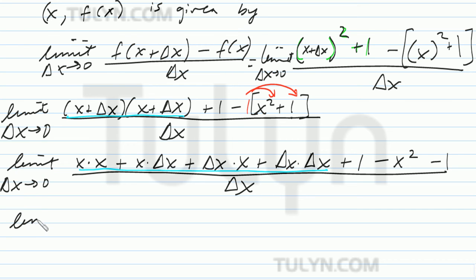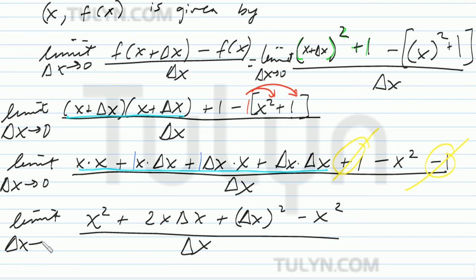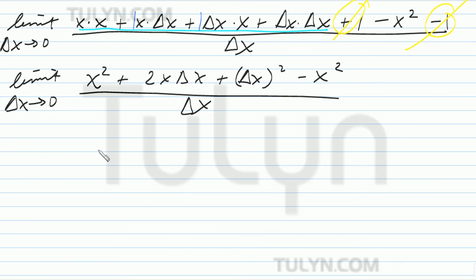Now what I'm going to do is reduce it and try to combine some like terms if I can. X squared plus, here it's 1x delta x plus 1x delta x, which is 2x delta x, plus delta x squared, and plus 1 and minus 1 will cancel out, and I'm left with negative x squared all over delta x as delta x approaches 0.